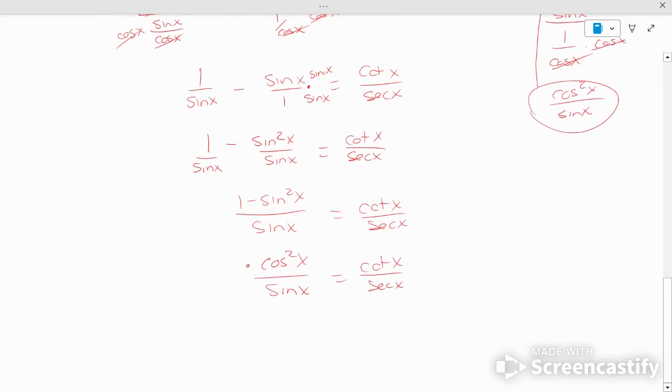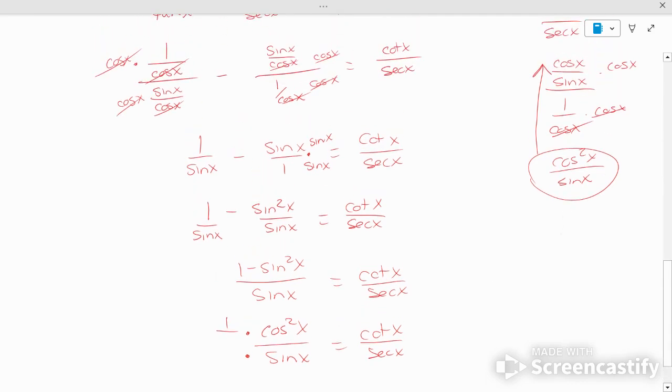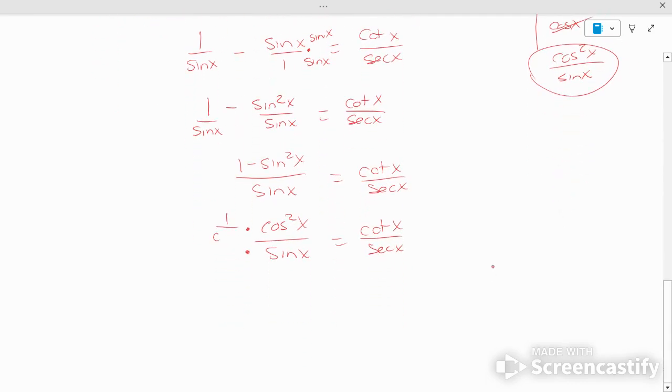Well, I'm going to multiply by 1 over cosine of x. Let's try that.